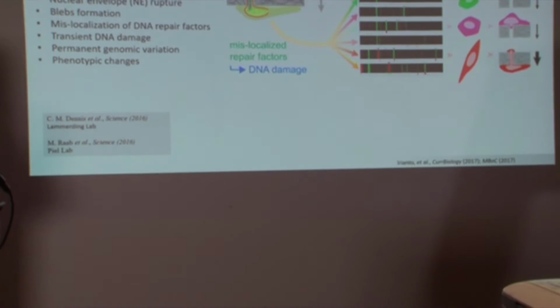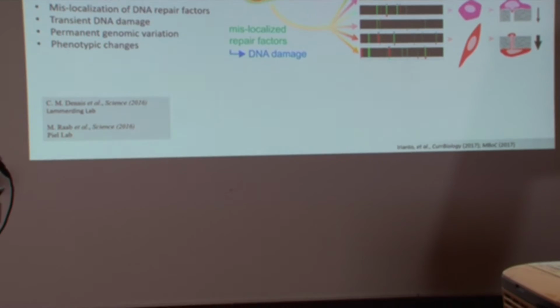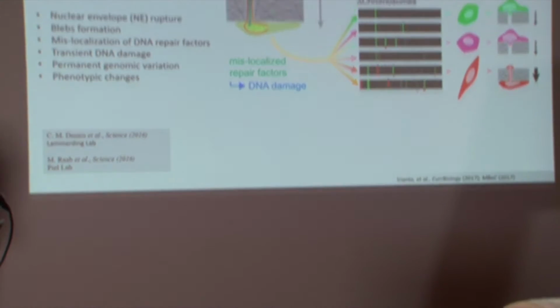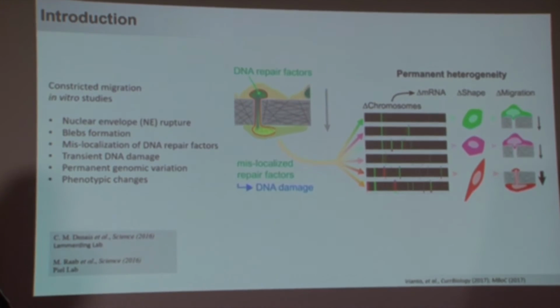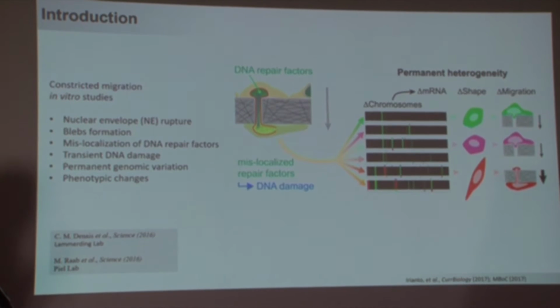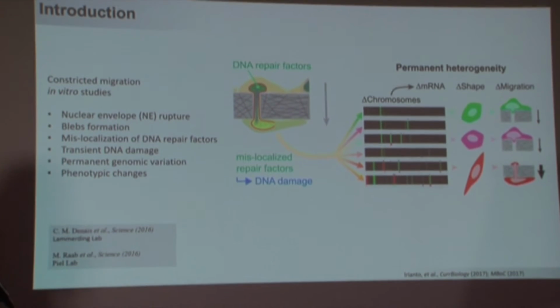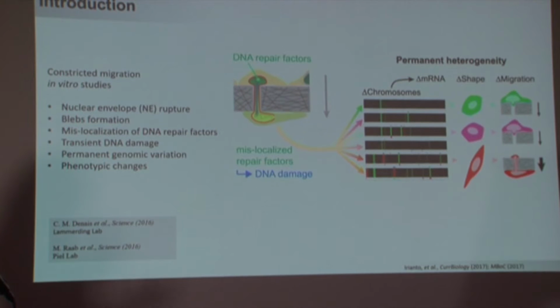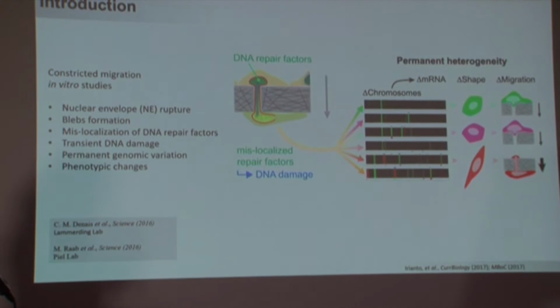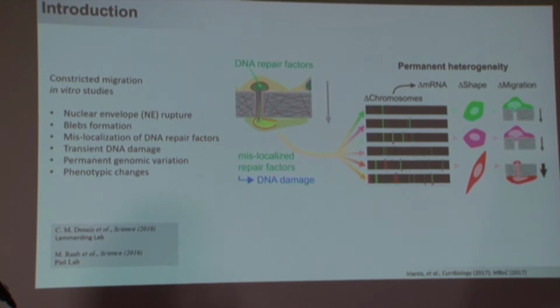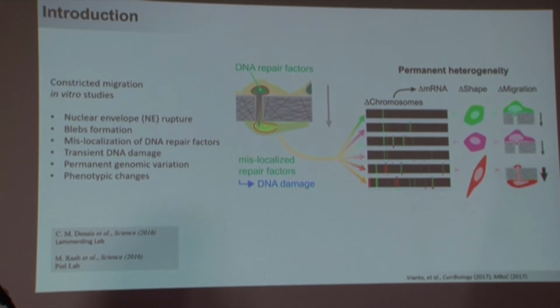And there's other groups, for example, in Maastricht in Netherlands, who are working on DNA mislocalization and blebs formation, and probably we'll hear more later in this meeting about this.